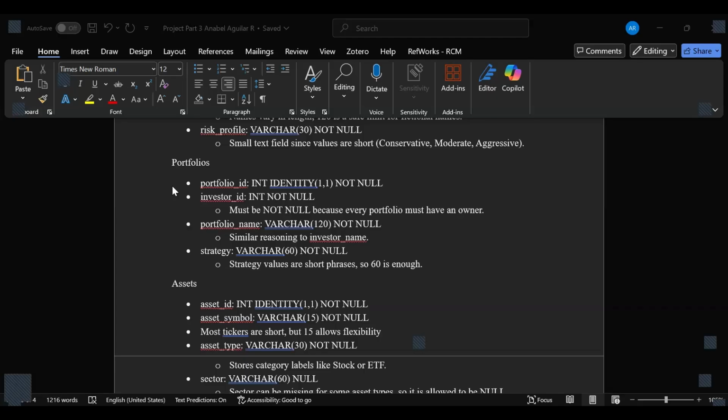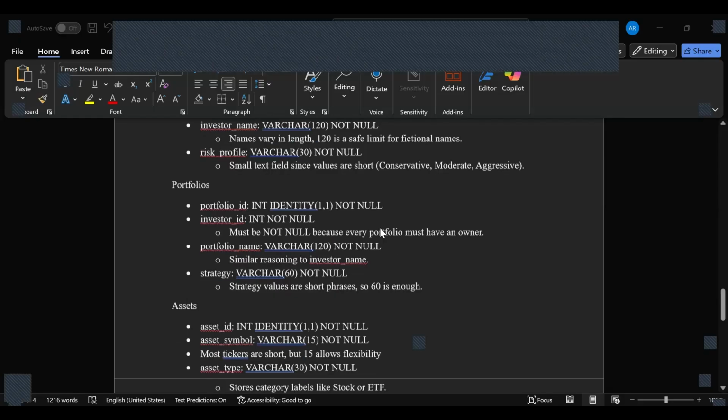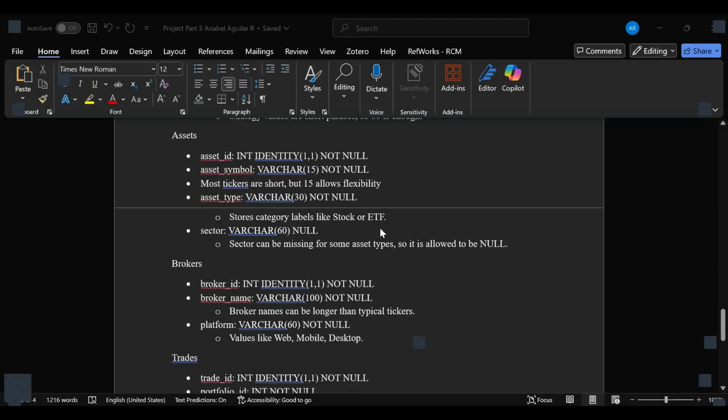The portfolio name, varchar, same thing, because we wanted a decent amount of characters for the name since it can vary. And then strategy, we selected varchar, and for asset ID, integer identity.